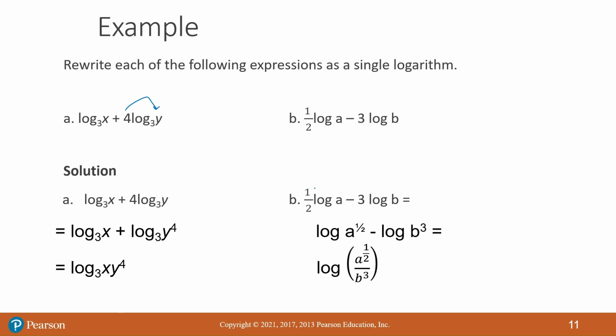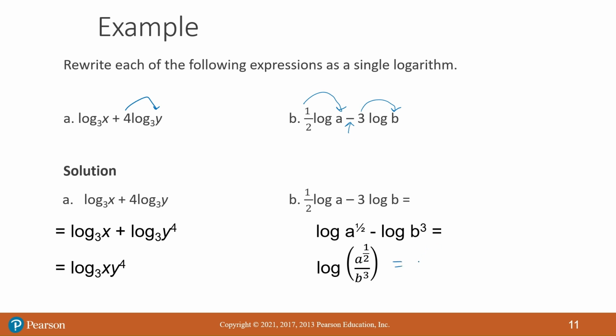So I'm going to convert this down to a log base 3 of x times y to the 4th. If I look at my second one here, I'm going to have to bring the 1/2 in, and I'm also going to have to bring the 3 in to be exponents before I can combine them into a single logarithm. So I have the log base a to 1/2 minus the log base b to the 3rd. Then, because they're subtracted, it's going to turn into a division. So as a single logarithm, it'll look like the log of a to the 1/2 over b to the 3rd.